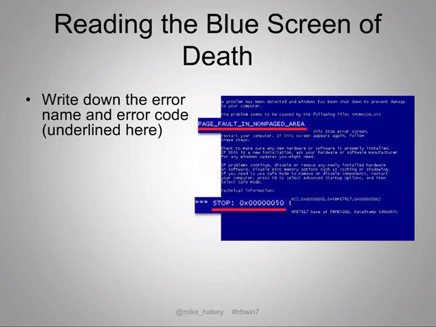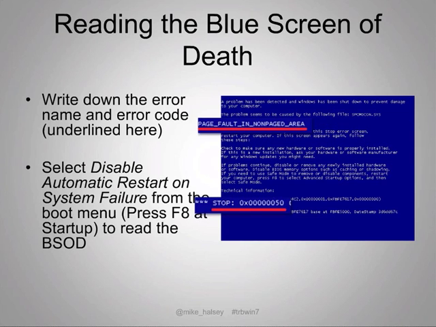You can see I've highlighted them here and underlined them. One of which is the error name, and the other of which, further down the page, is the actual stop error code. These two bits of information are really good for looking up on the internet.